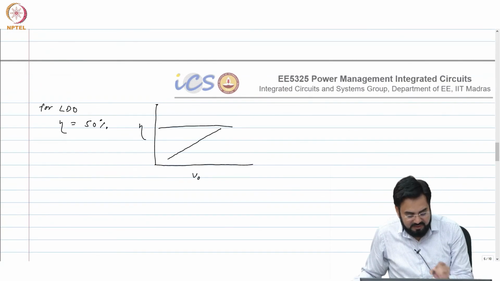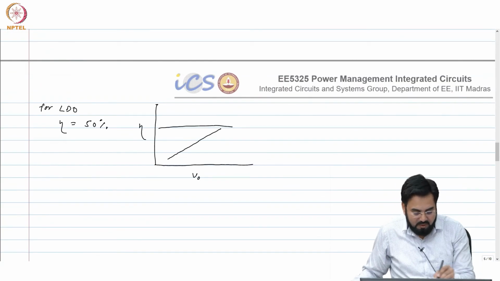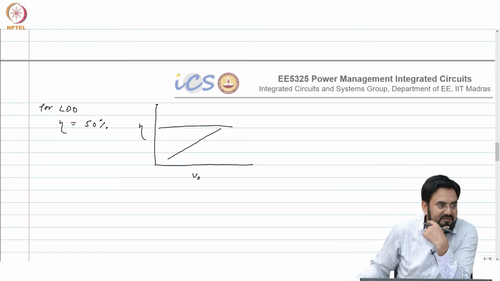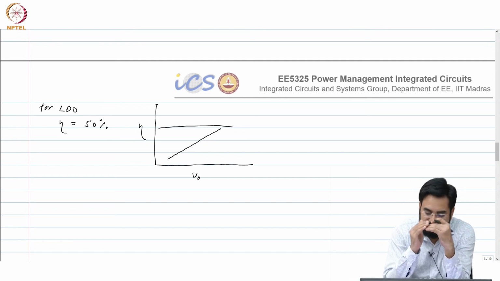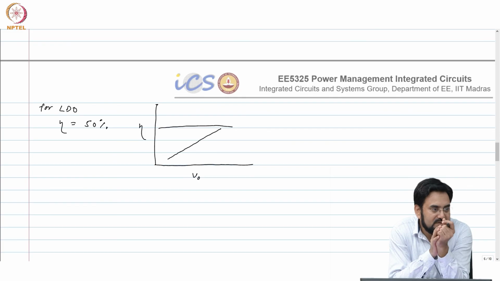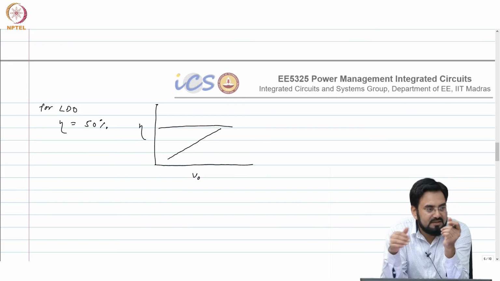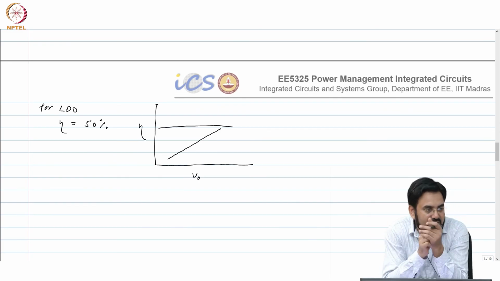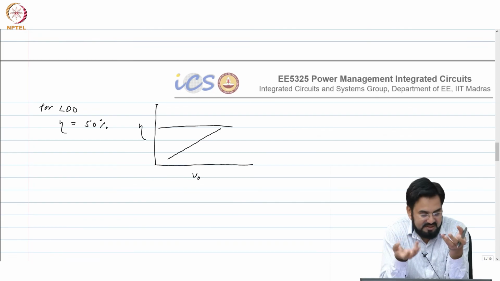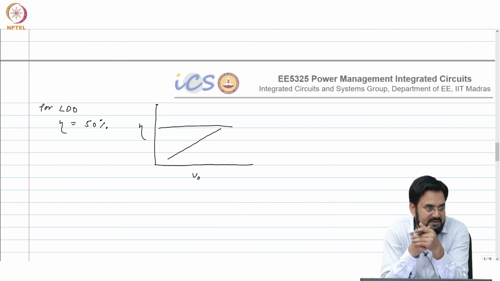But in the case of LDO, what happens? Your dropout voltage is reducing when V out is increasing. So when your dropout voltage is very low, then this efficiency may be quite similar to your switching regulator, or in some cases even better. So let's say you are looking at a dropout voltage of 50 millivolts.